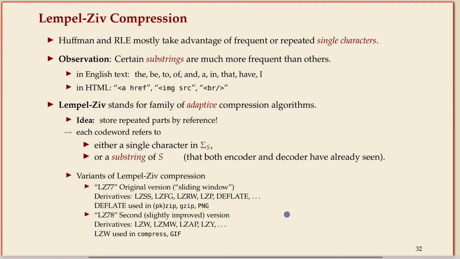There are many variants of roughly the same idea, which essentially differ in how you find the thing you want to refer to and how you store these pointers back to a different box.